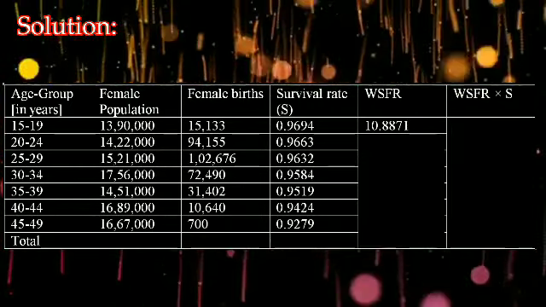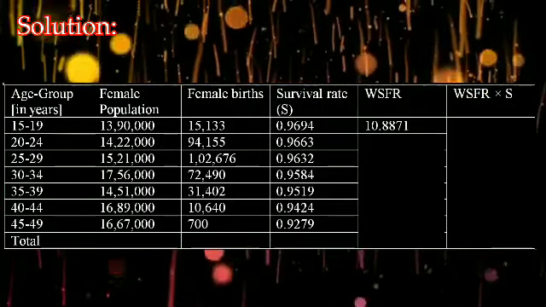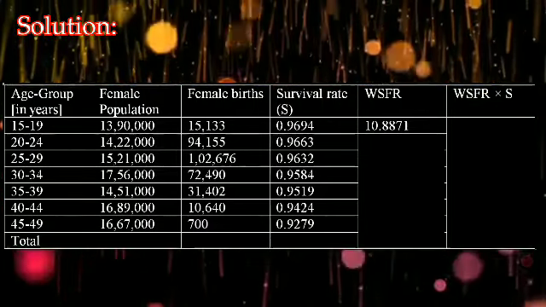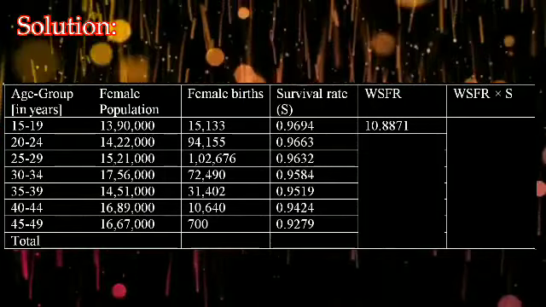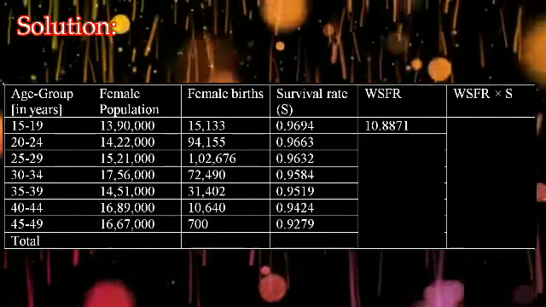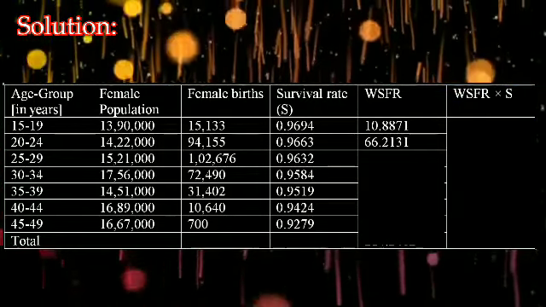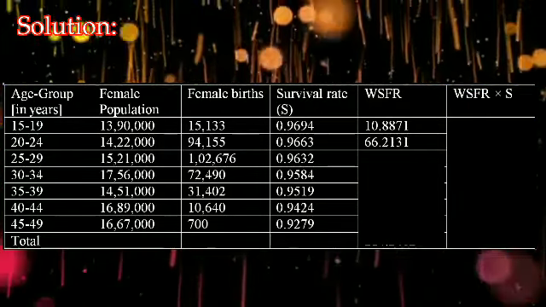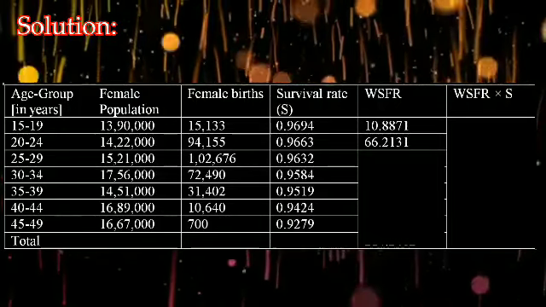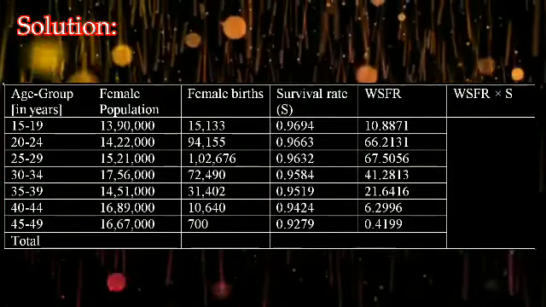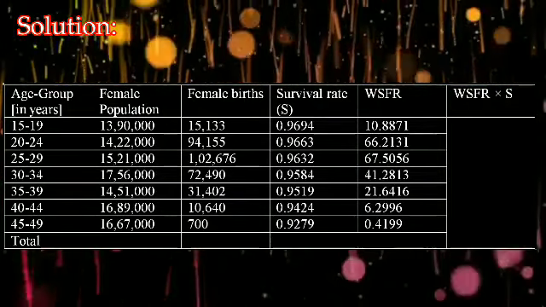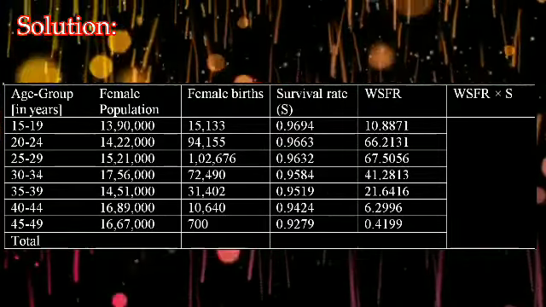Second value, 94,155 divided by 14,22,000, which is multiplied by 1000, and the answer is 66.2131. Similarly, compute all the WSFR values and find the sum total of WSFR.